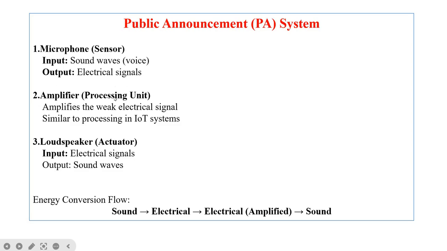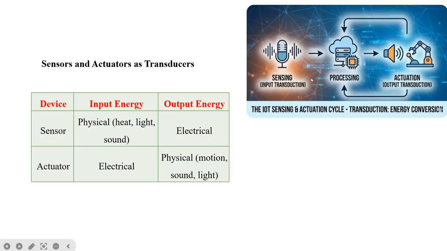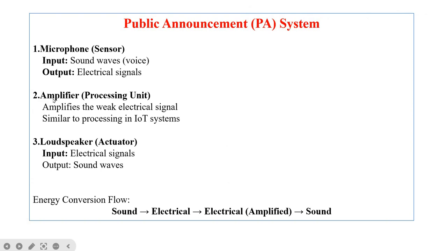Then comes the amplifier, the processing unit, which amplifies the weak electrical signals, similar to the processing in IoT. Here you have seen sensing, processing, actuation. The amplifier acts like a processing unit, and the loudspeaker acts like an actuator, where the input signal is the electrical signal and the output is sound waves.